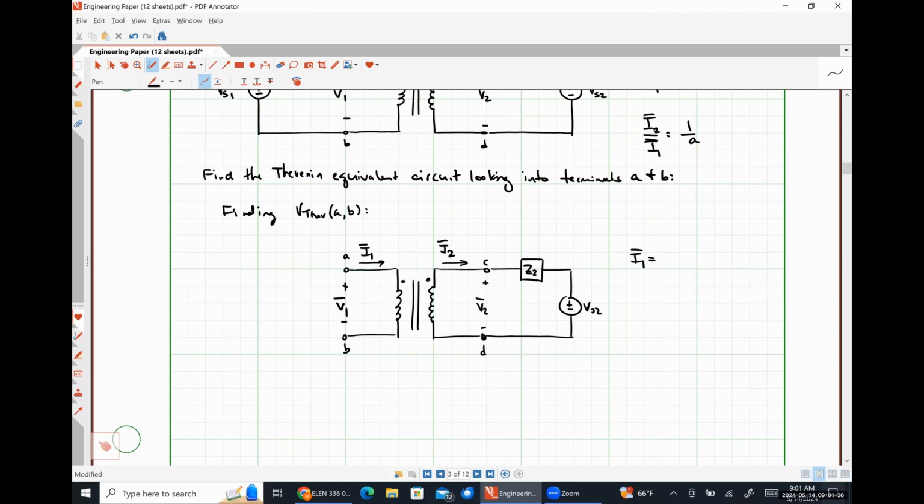Exactly right. It's an open circuit. So how can there be literally any current flowing through our primary if it's open circuited? There can't be. So it is literally just zero.